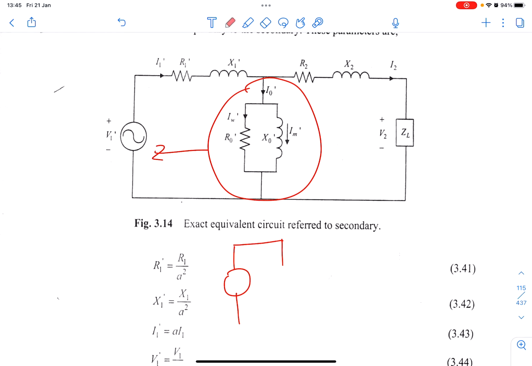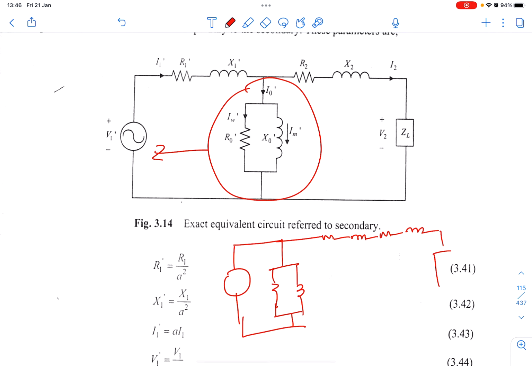So let's say here you have resistance R1, X1, R2, X2, and then here you have the load. So this is R1, X1, R2 prime, X2 prime. So this is your ZL prime. Here you have I0.